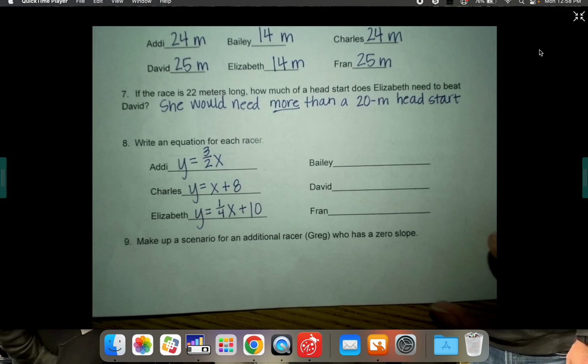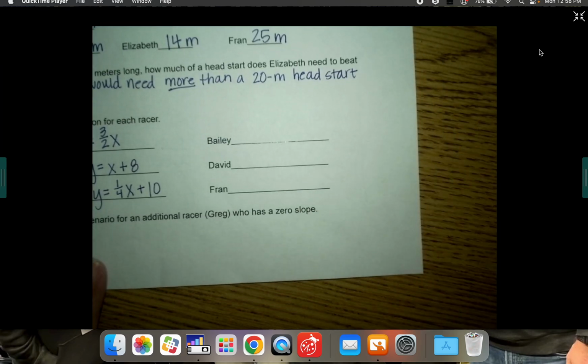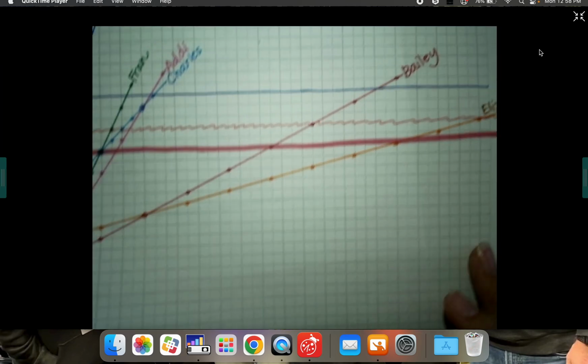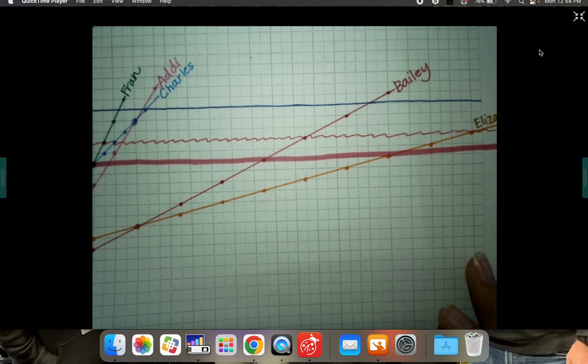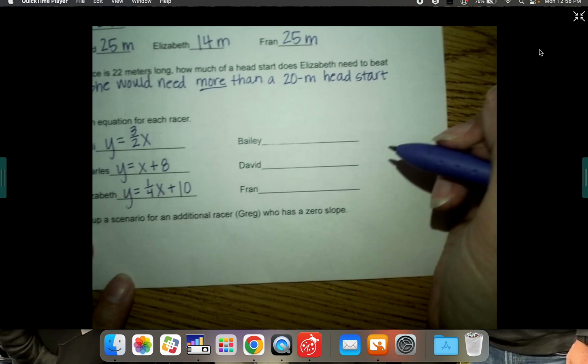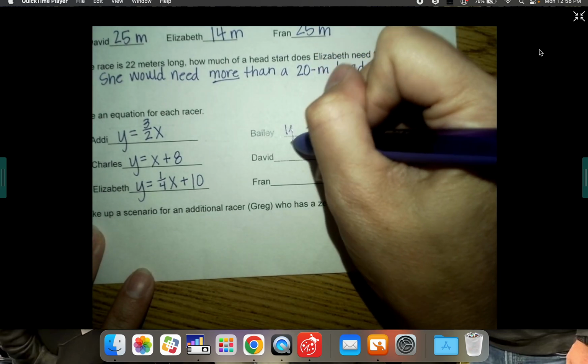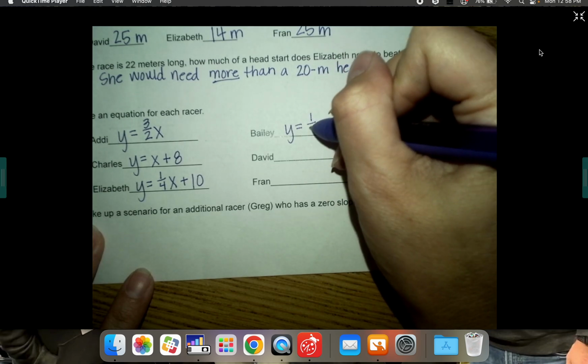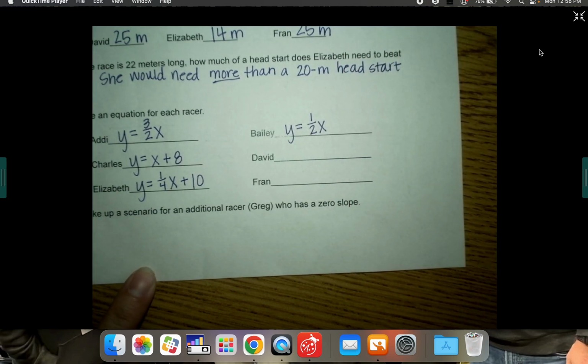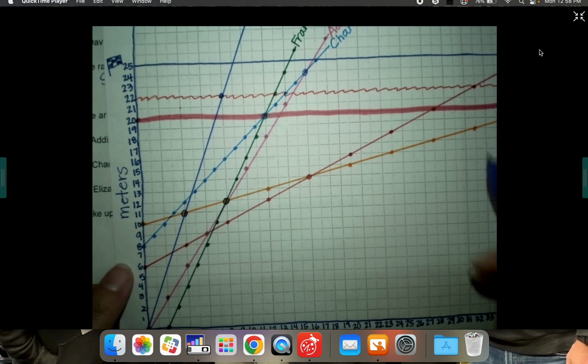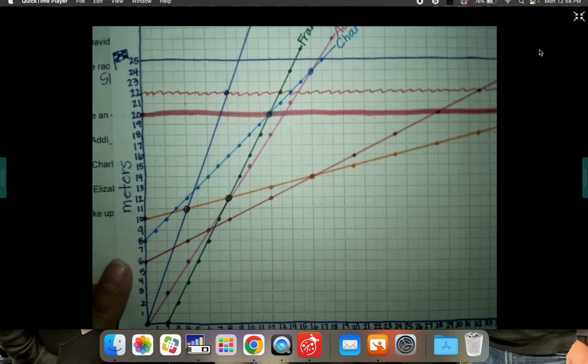Cool. All right, Bailey. Bailey was second to last. What was Bailey's rate? Up 2/4. Let's simplify that. What's 2/4 the same thing as? 1/2. Yeah. So Bailey was y equals 1/2 x plus, where did Bailey get to start from? 6, plus 6.